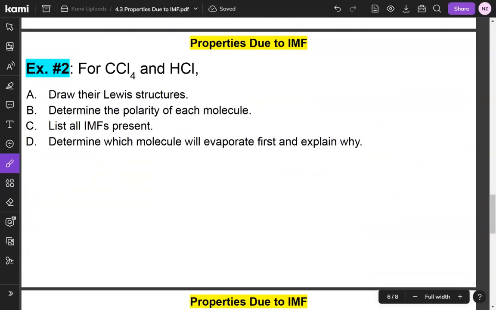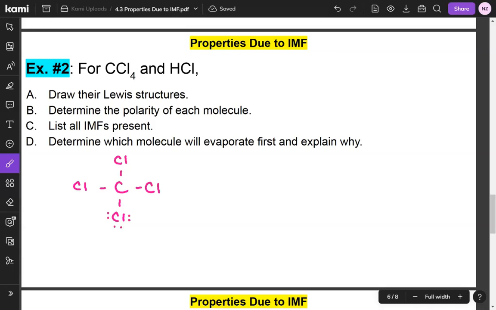All right, let's go through another one. So we have CCl4, so carbon tetrachloride, and HCl, which is hydrochloric acid. Let's draw the Lewis structures. So for the first one, CCl4, carbon tetrachloride, it is going to look like this.